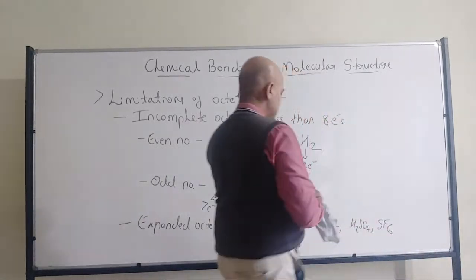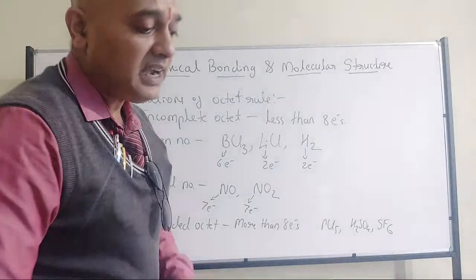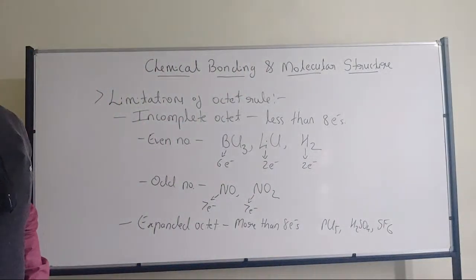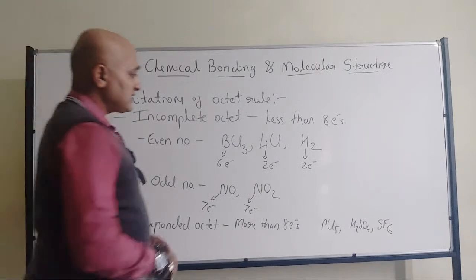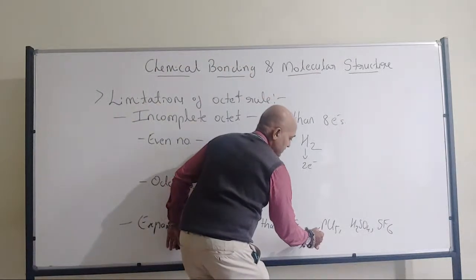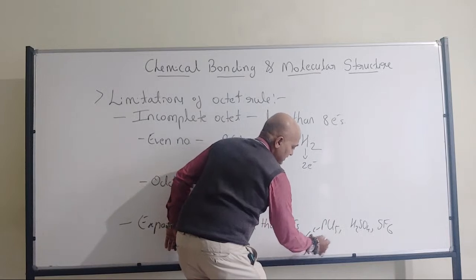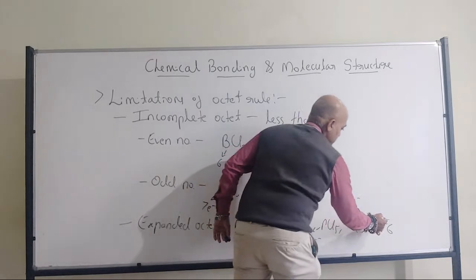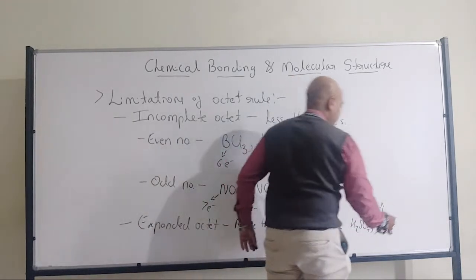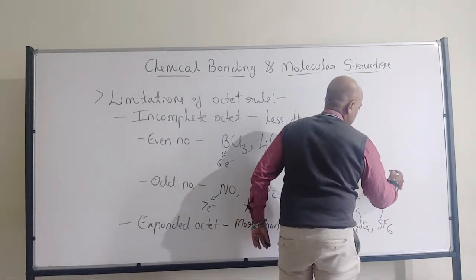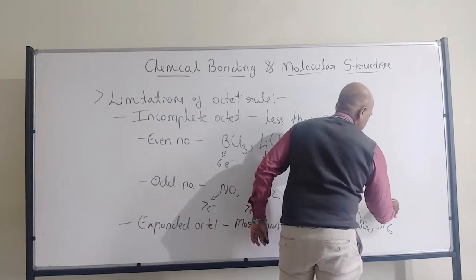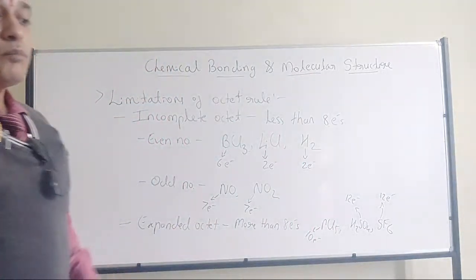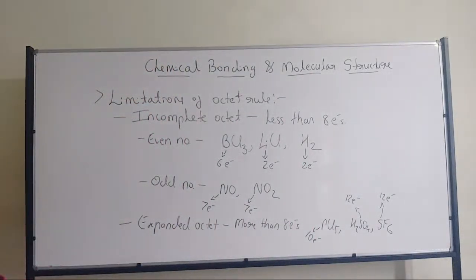They are all the examples for expanded octet. Say for example here, phosphorus is having how many electrons? 10 electrons. Here sulfur will have 12 electrons. Here sulfur hexafluoride, where sulfur, once again 12 electrons. So that's where it will be more than 8 electrons.